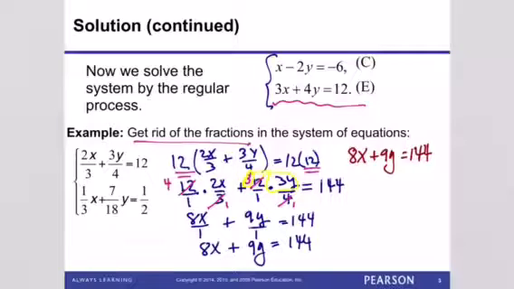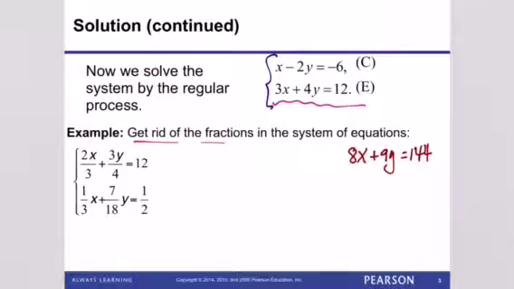Okay, so on the second equation, we see the denominators are 2, 3, and 18. So what number do 2, 3, and 18 all go into?